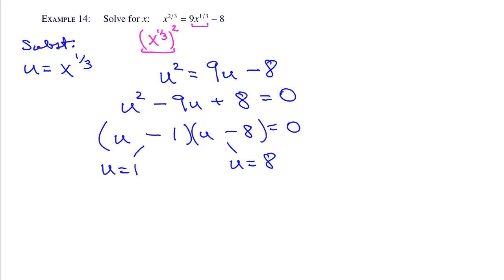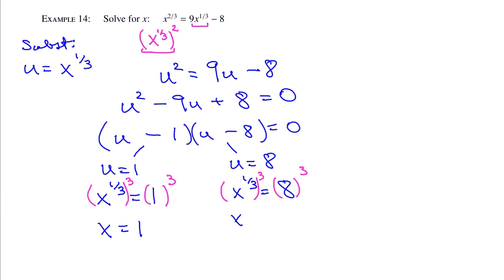Back substitute, we get x to the 1/3 power is equal to 1, and x to the 1/3 power is equal to 8. And then to solve these, we're going to raise them to the reciprocal power, so it's going to be a 3 on both of these. And so x is equal to 1, and x is equal to 512.